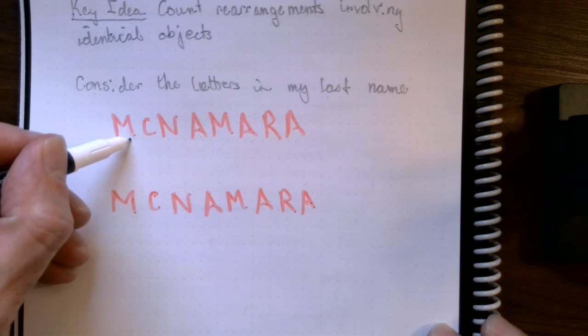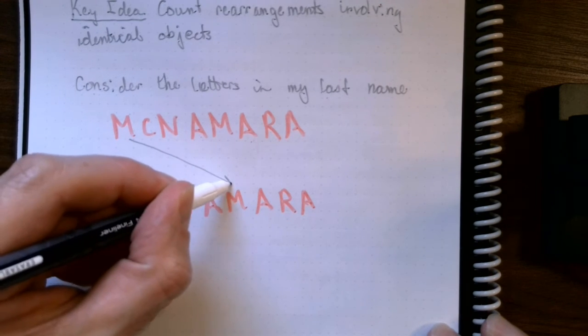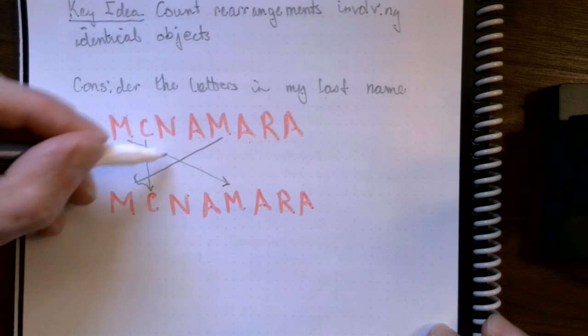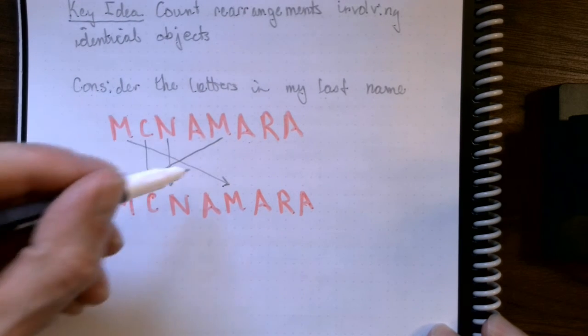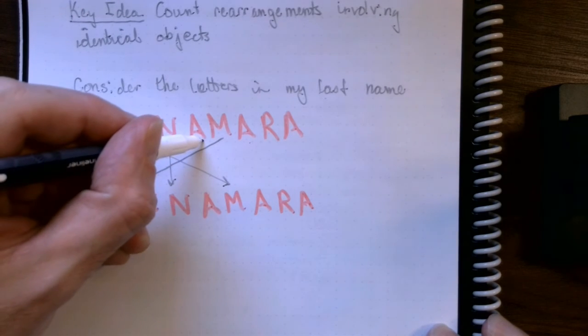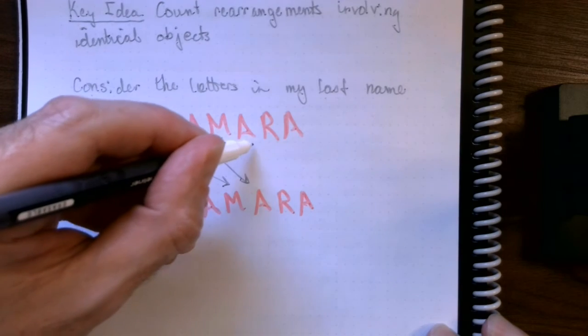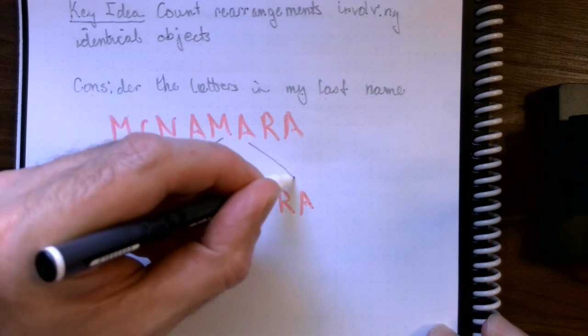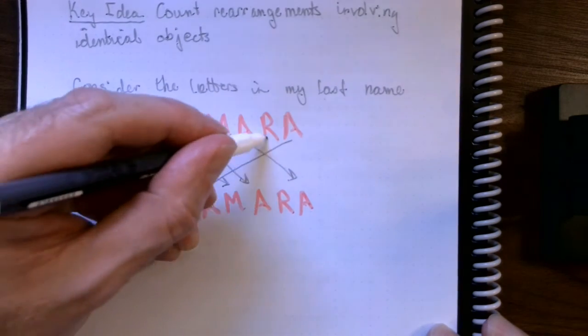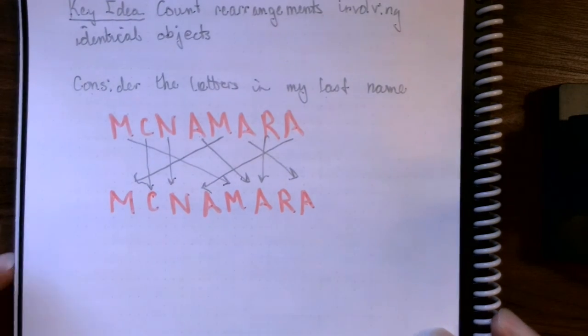This M went over here. And this one went over here. Okay, the C stayed in the same position, and the N stayed in the same position. All the A's moved around. They got totally changed up. This A moved over here. This one moved down there, and this one that was on the end moved to the start, and the R stayed in the same position.